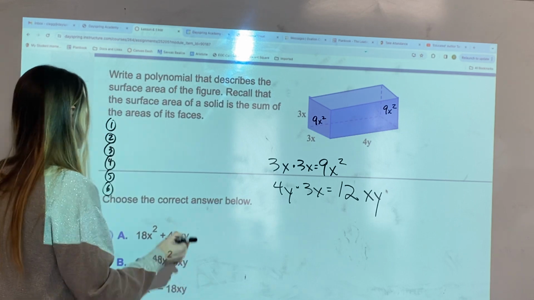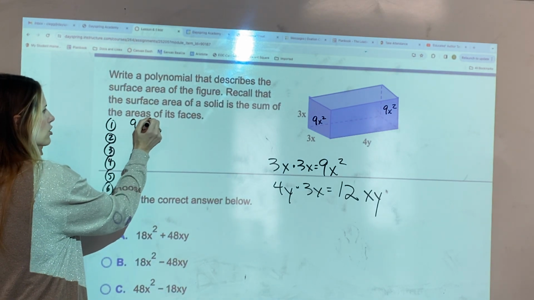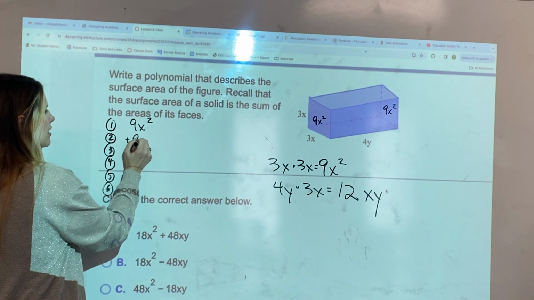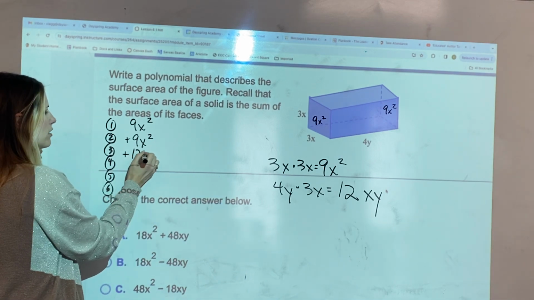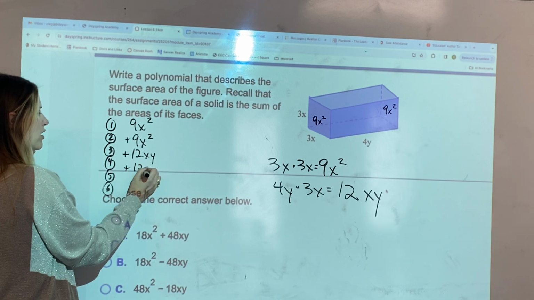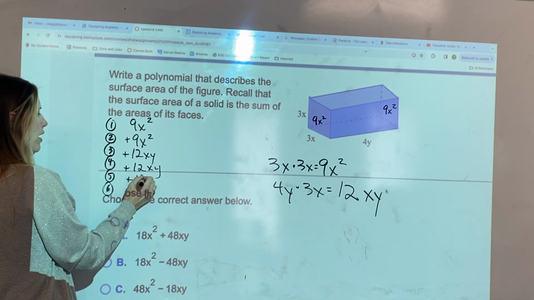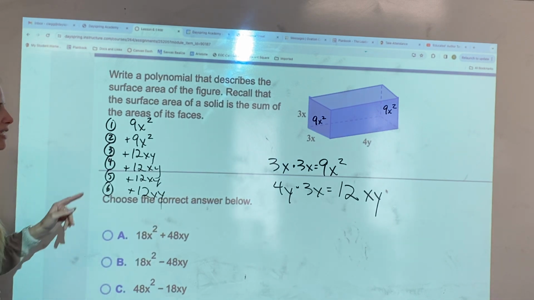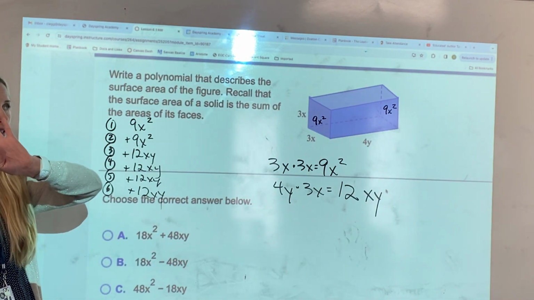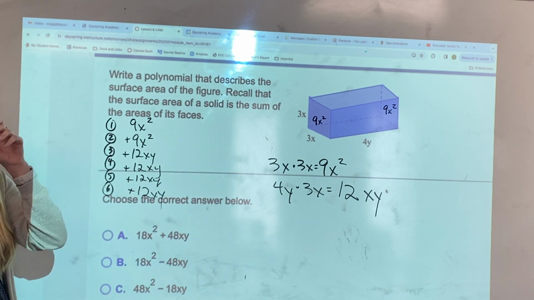So I am adding 9x squared plus 9x squared plus 12xy plus 12xy plus 12xy plus 12xy, because I have 4 faces that are 12xy. Does that make sense?